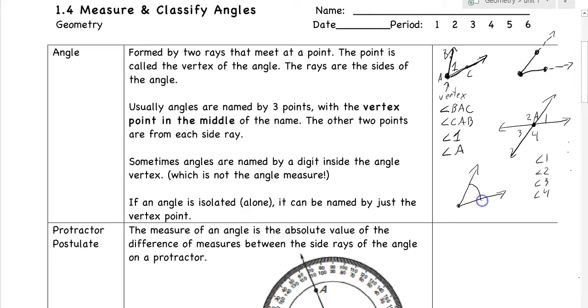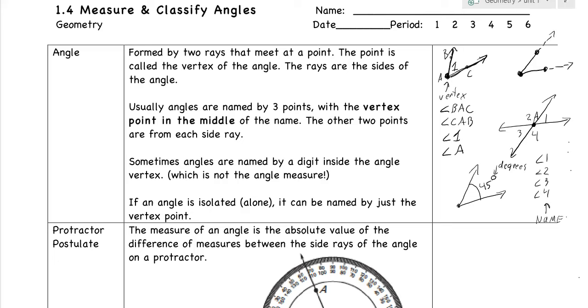When we're looking at how many degrees those two rays are apart from each other, there's a little o in the upper right-hand corner that tells you that this is the number of degrees rather than the number for the name. So anytime it has the degree symbol, it is the measure. Anytime it doesn't, it's the name of the angle.